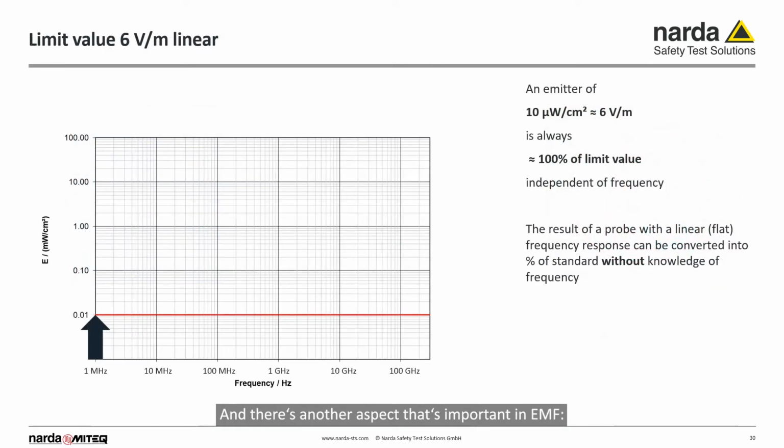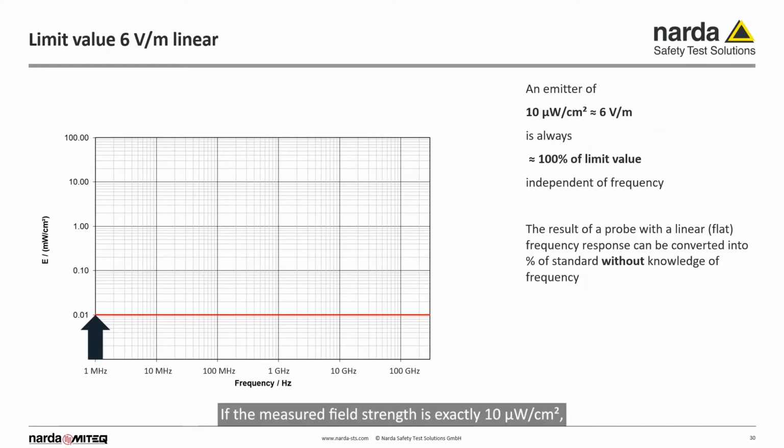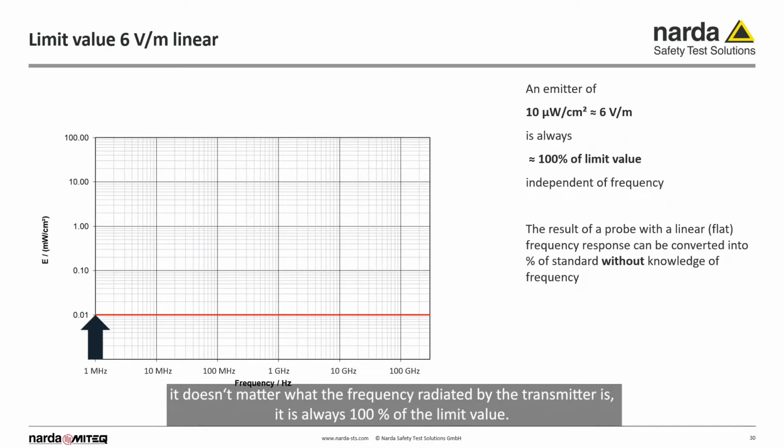And there's another aspect that's important in EMF. The limit values can depend on frequency. Let's firstly look at a limit value that is linear. A common limit value is 6 volts per meter, which corresponds to 10 microwatts per centimeter square as shown here. If the measured field strength is exactly 10 microwatts per centimeter square, it doesn't matter what the frequency radiated by the transmitter is.